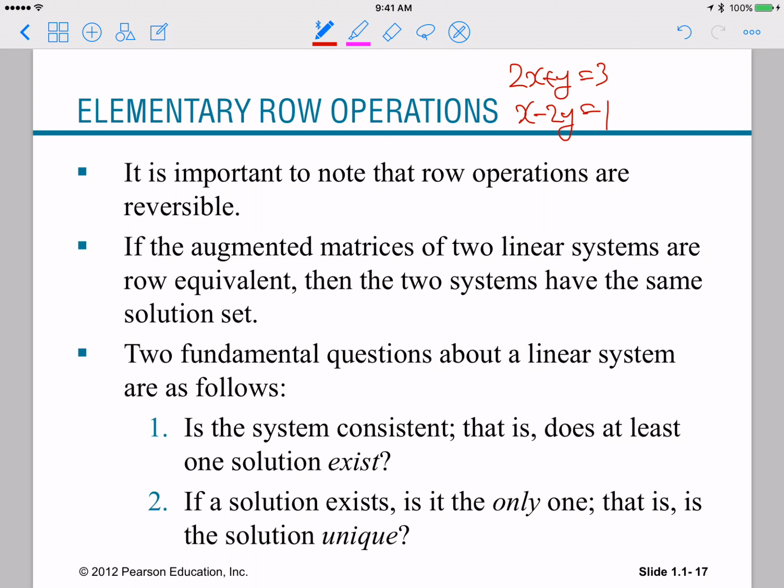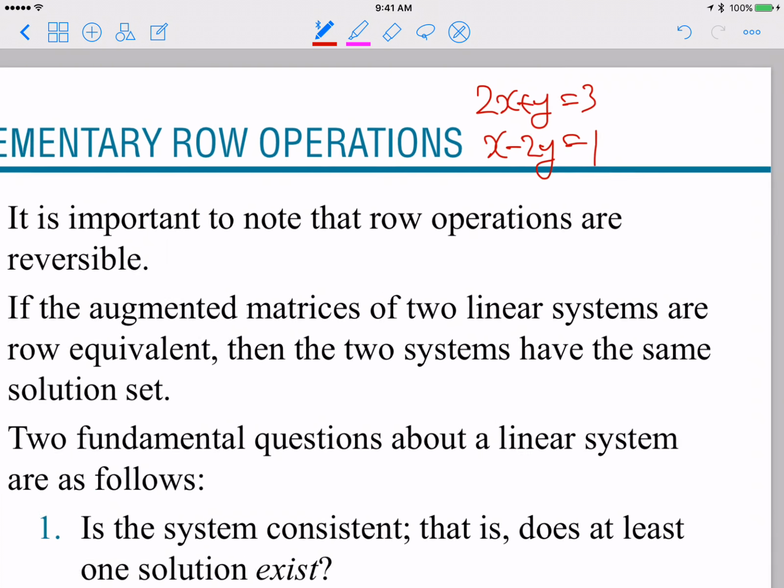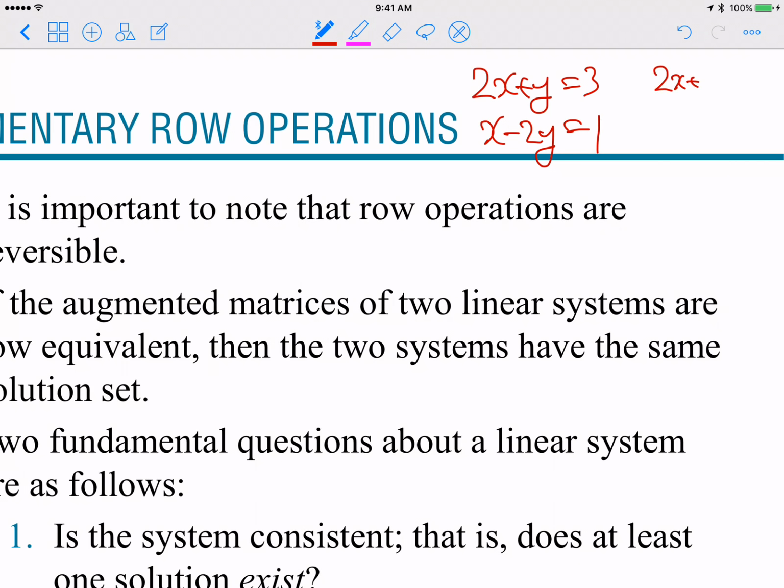In this case, we know that this one has a solution, but what about this? 2x plus y equals 3, and 4x plus 2y equals 5.